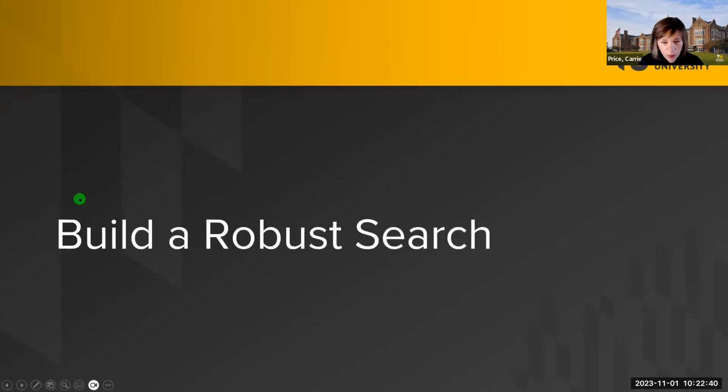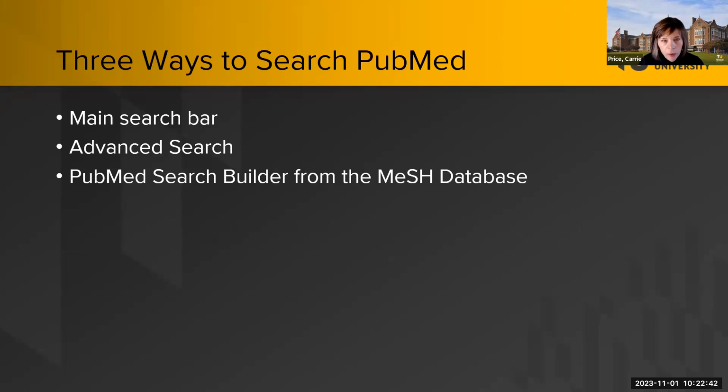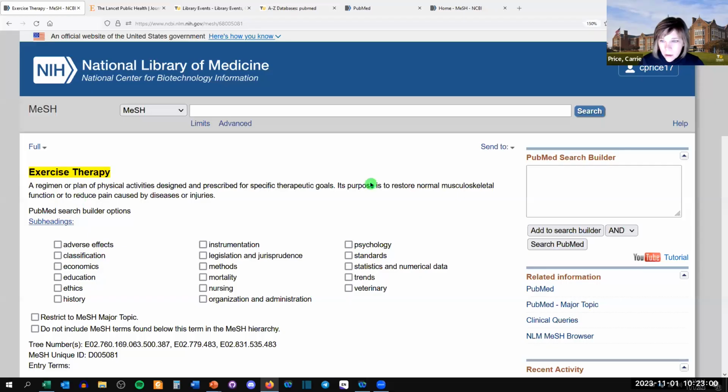So let's talk about building a robust search in PubMed. There are 3 main ways to search. You can use the main search bar, you can use advanced search, and you can also use the search builder that we've seen a little bit already that shows up on the right side of the medical subject heading record and also of the journal record. So that's this PubMed search builder.